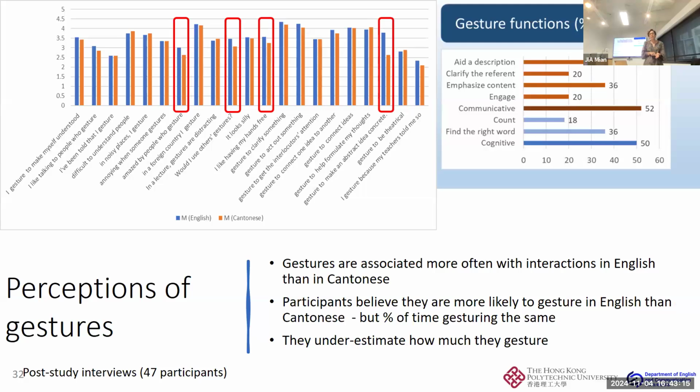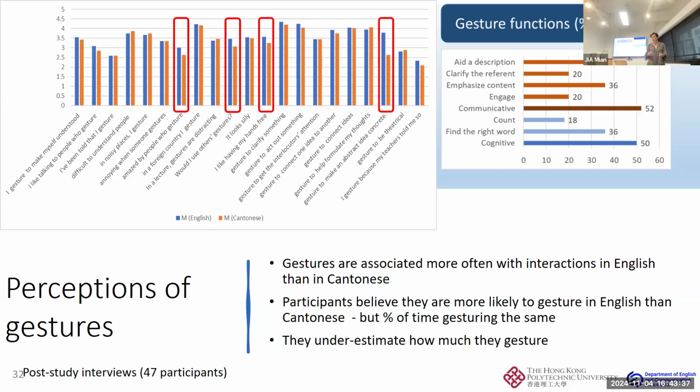And then when we asked them about the function of those gestures, they told us that it was cognitive and communicative. About 50% of our participants said cognitive, 52%, there was an overlap, said communicative. Cognitive, they referred to finding the right word and also counting.